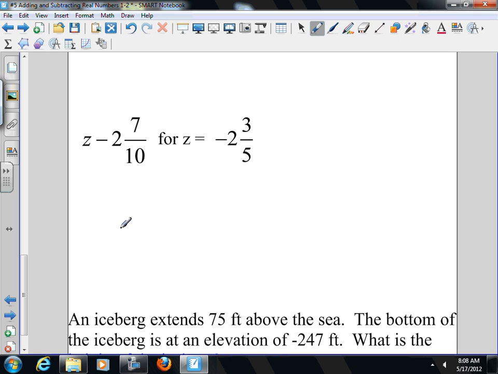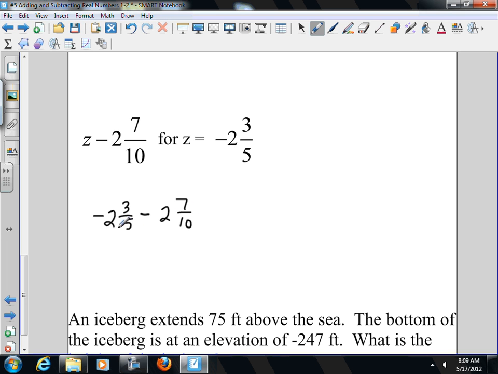Next one, z minus 2 and 7/10. We want to do this for z equal to negative 2 and 3/5. So we have negative 2 and 3/5 minus 2 and 7/10. All right, now our denominators are not the same. What I would do in this case, because you've got a mixed number here, is change them to improper fractions.